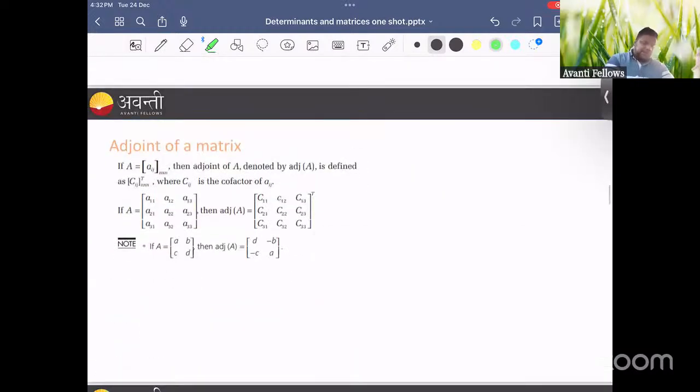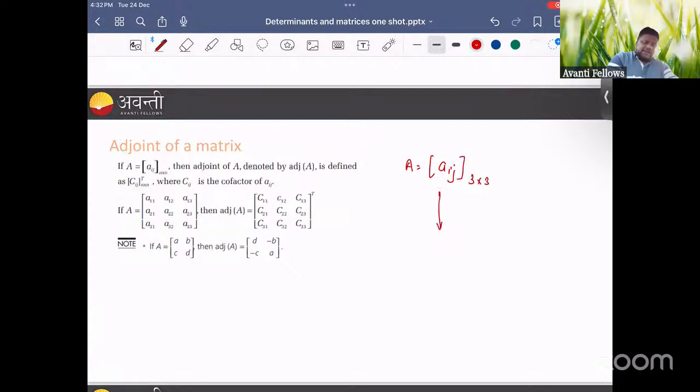Fine. Now, adjoint. This is again a very important thing, adjoint of a matrix. Say a square matrix is given to you as Aij. It is of order 3 by 3. It can be of 2 by 2, can be of any order.